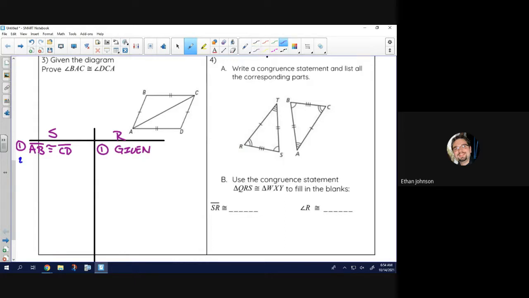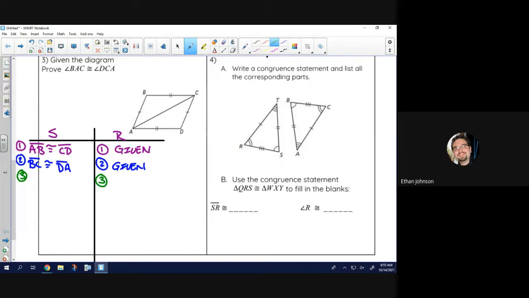I also know that BC is congruent with DA. That is all that is marked congruent.